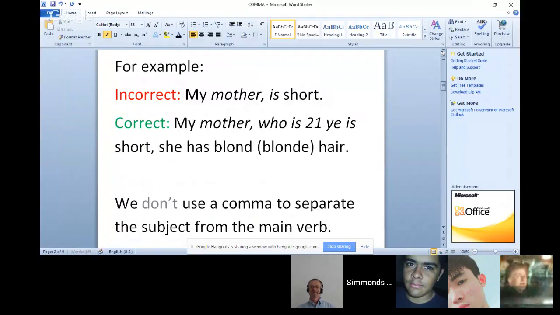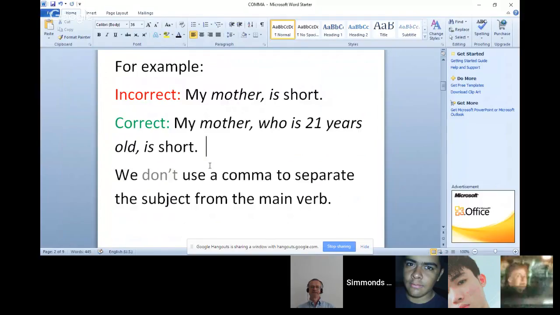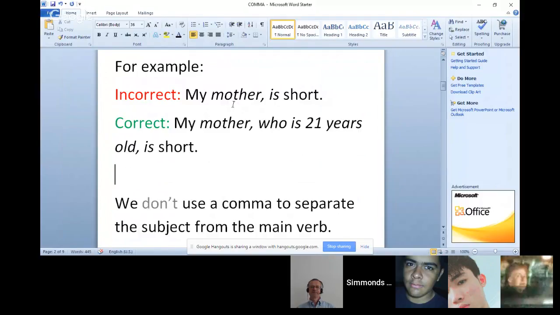And then we've stopped the sentence. And yeah, sure, that is defining, non-defining. I can never tell the difference, to be completely honest.